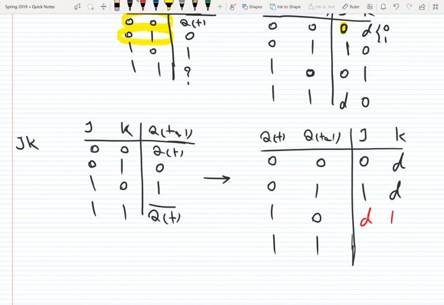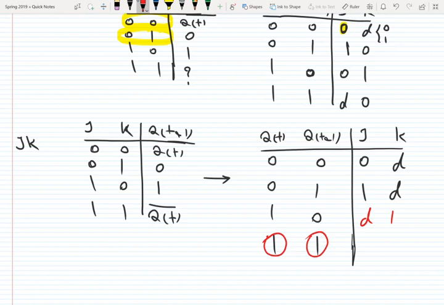Okay, so the next line, let me check your answers. It's D1. Any question? Okay, let's move to the last one. The output is 1 and it changed to 1, which means no change. For which inputs can we have no change?